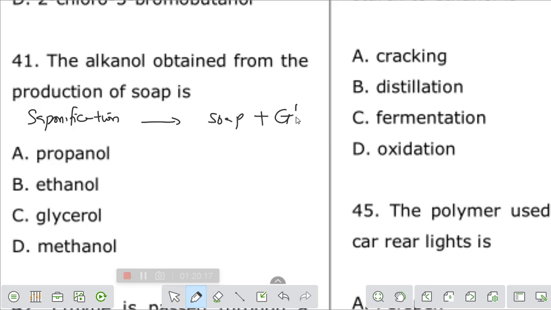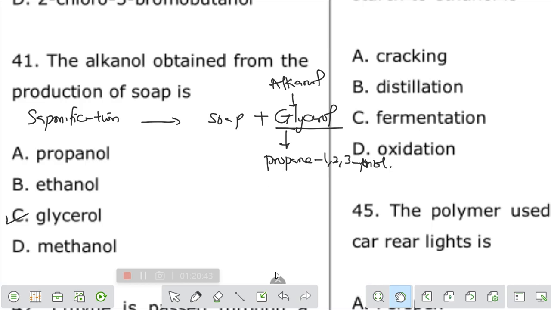Glycerol, right? That's the alkanol we produce in the production of soap. And this glycerol is also called propane-1,2,3-triol. So the answer is glycerol.